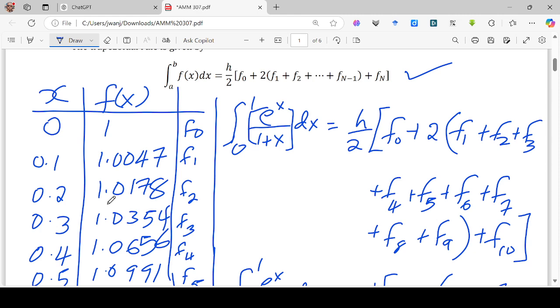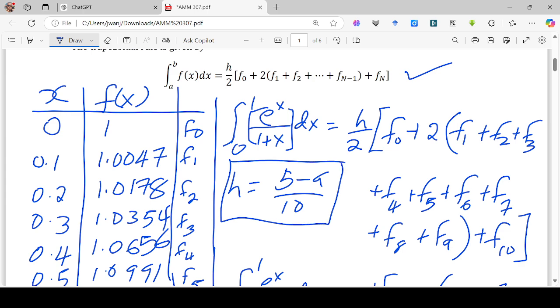Sometimes you are not given the step size, you are told, for example, to use 10 steps. Then you divide the interval of integration from A to B by 10 to get the step size. In this case, it would be 1 minus 0 divided by 10, which is 0.1. If you are told 20 steps, then you divide by 20, and so on.